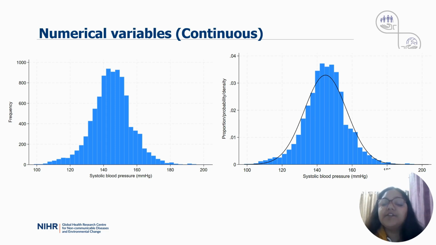Such kind of a distribution is also called a frequency curve when you overlay a smooth curve over the distribution, just as is shown in the right hand side of the figure.